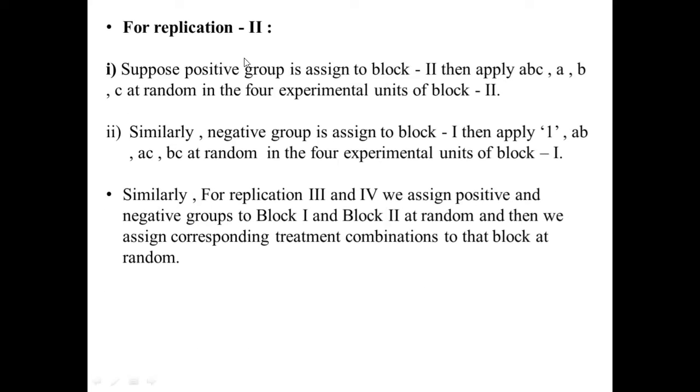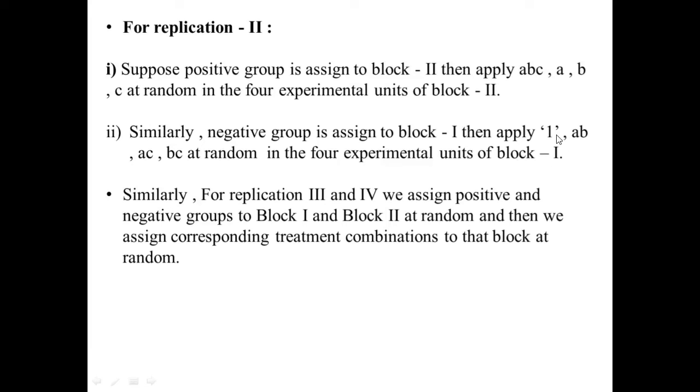Then second, if we consider replication 2, in this replication also our randomization is at 2 stages. In stage 1, suppose we assign the positive group to block 2, then we apply these positive ABC, A, B and C at random in the 4 experimental units of block 2. So in replication 2, we assign the positive group to block 2, and similarly we assign the negative group of treatment combinations to block 1.